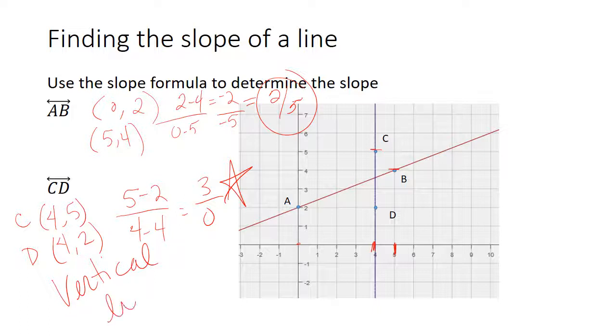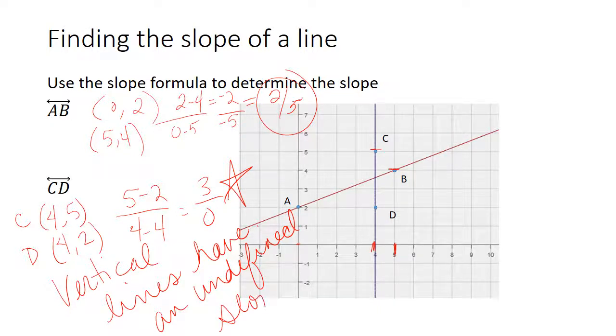Vertical lines have an undefined slope. So anytime you have a vertical line and I ask you what the slope is, you're going to say undefined, because the x value doesn't change. It stays the same, and you can't divide a number by 0.